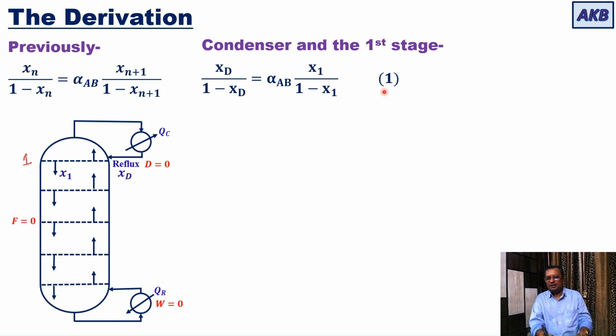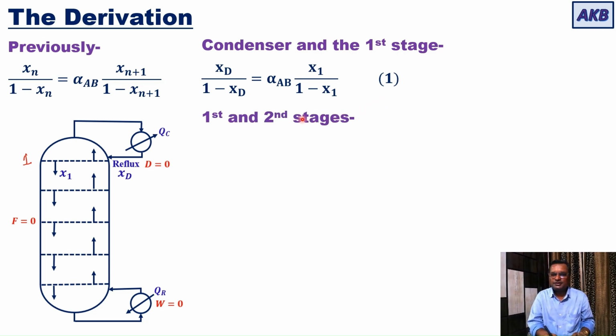In this way, you get equation number 1: XD upon 1 minus XD is equal to alpha AB into X1 divided by 1 minus X1.